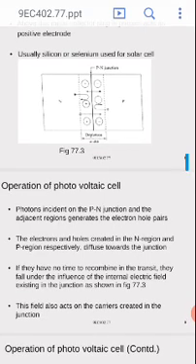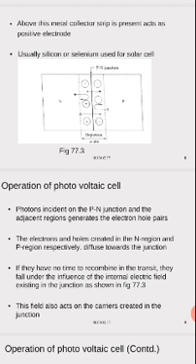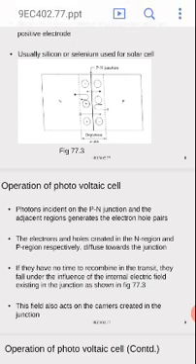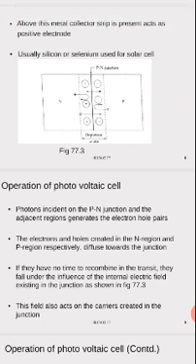Hence, it is similar to the photodiode. The photovoltaic cell is similar to the photodiode.